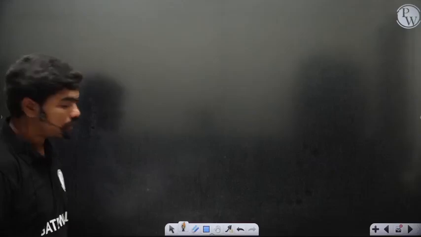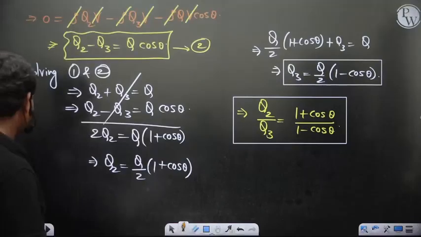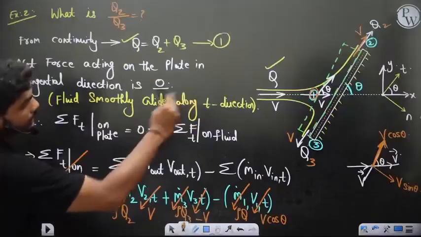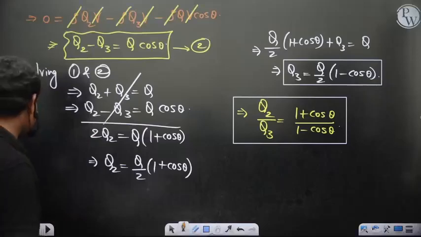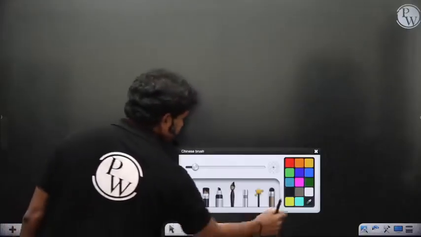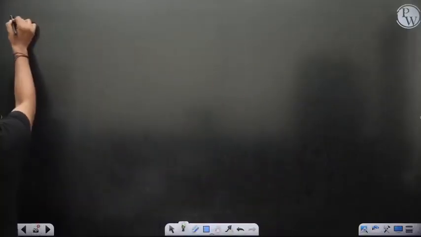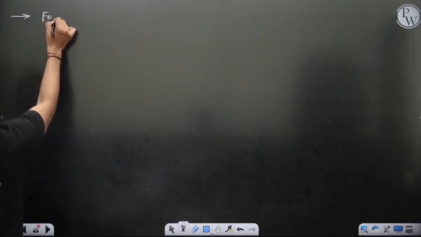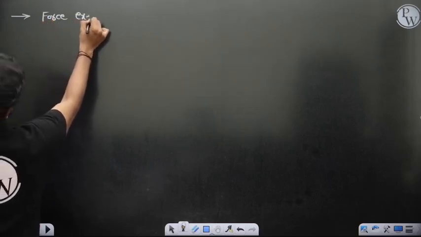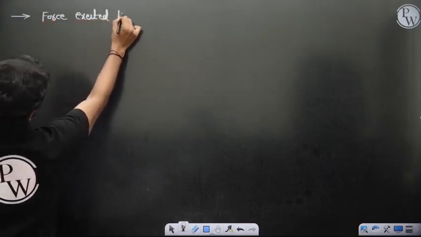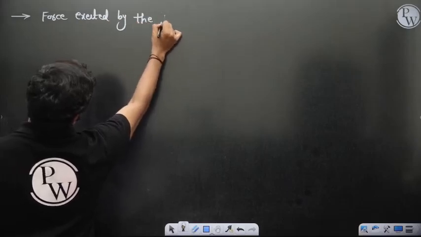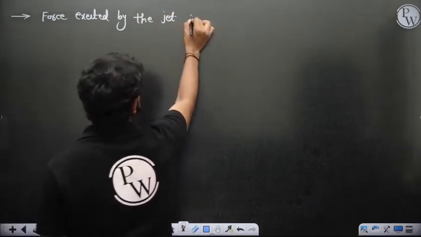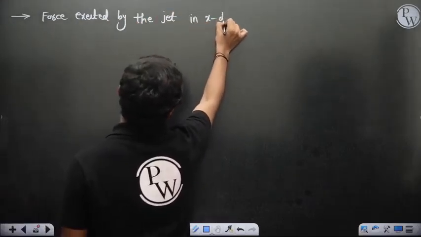Then let's see the force exerted by the jet in x direction. Let's calculate that for this case.